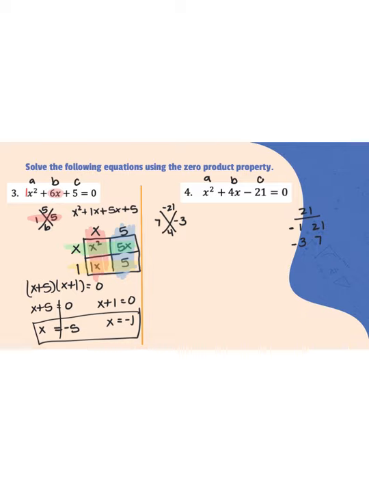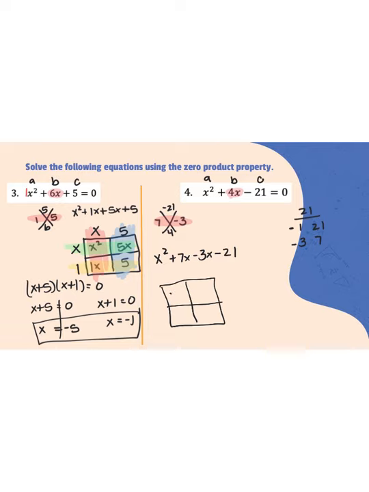So now let's rewrite the problem with our b value being replaced with those two there. So now I have x squared plus 7x minus 3x, and then I'm going to end with my c value, minus 21. And now I'm going to draw that box.